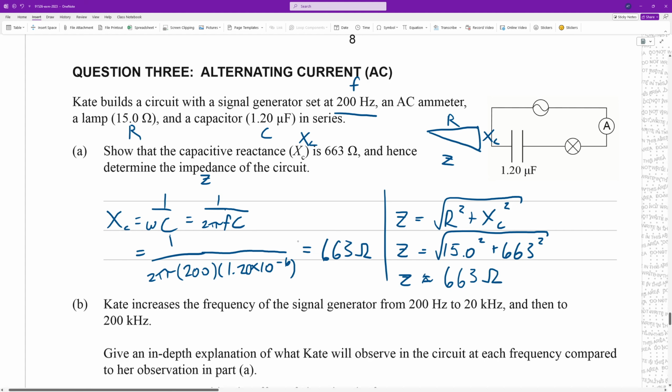So I might do approximately equals. All right, and that is a merit question. Achieved if you worked out the reactance, and then merit if you link that to the impedance through the resistance. Even though the impedance is about equal to the reactance, we still need to show our working.